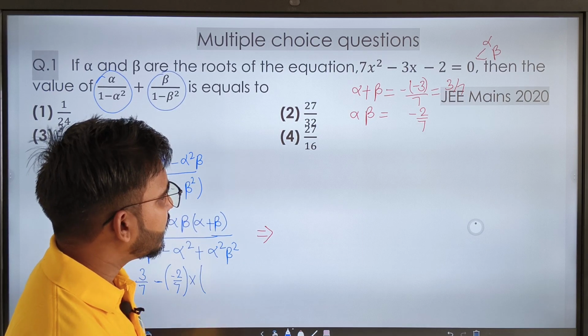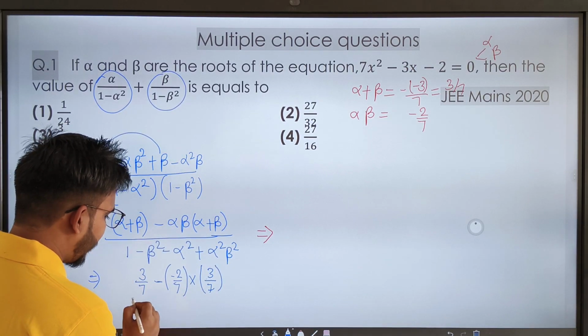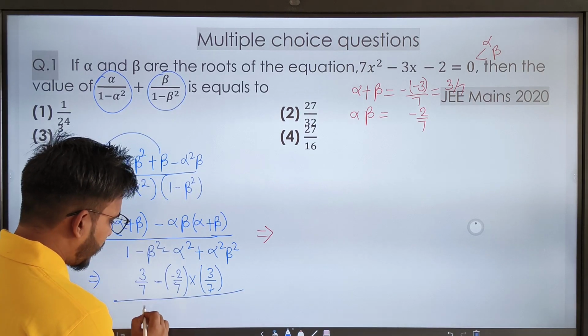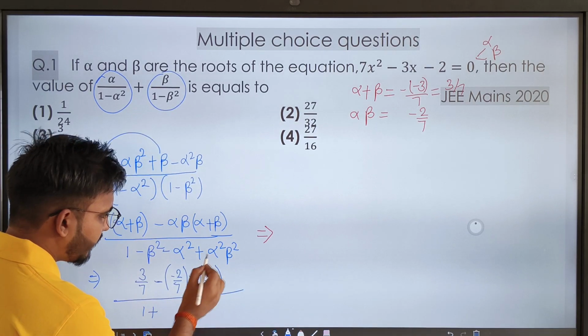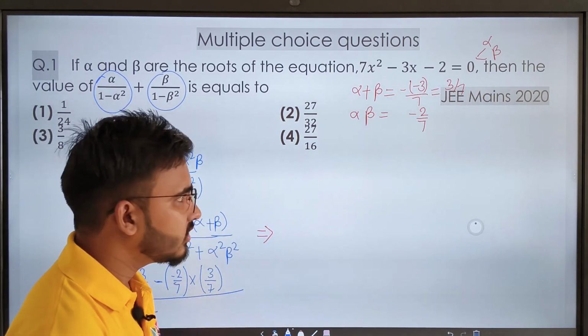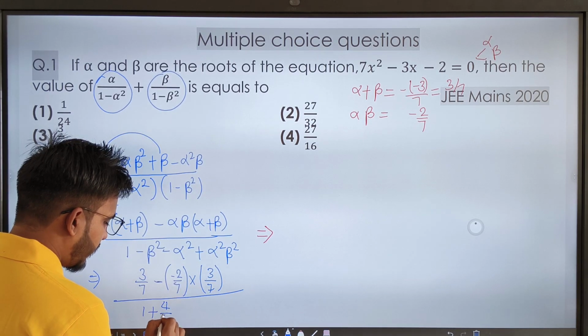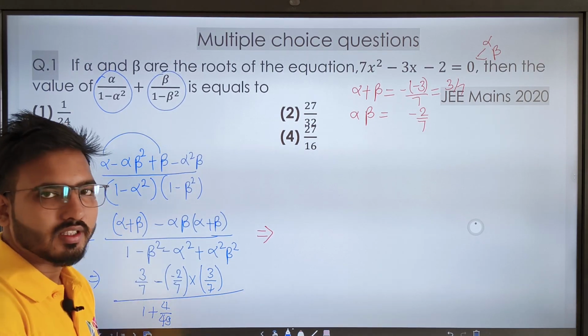Alpha plus beta is again 3 by 7, divided by 1 plus, let me first write down alpha square plus alpha square beta square. Alpha square beta square is basically minus 2 square, which is 4 divided by 49, that is 7 square. Is that clear?